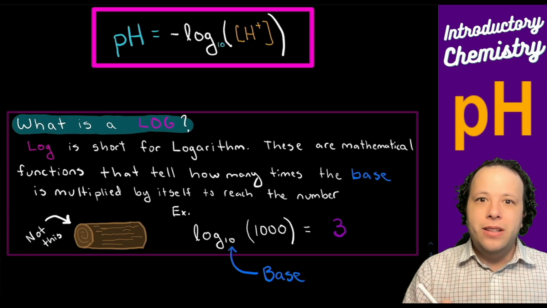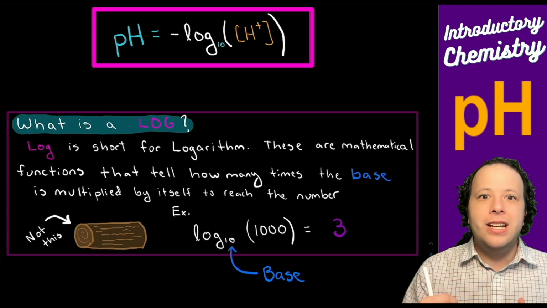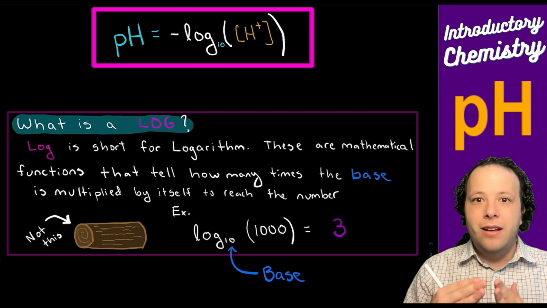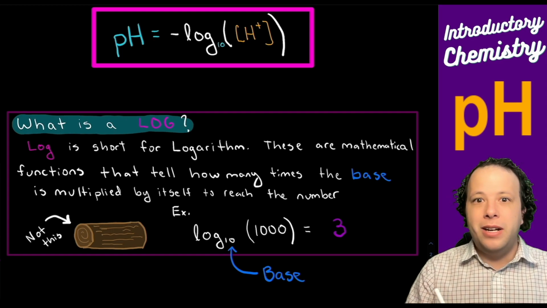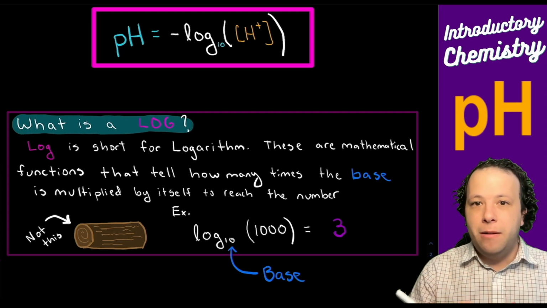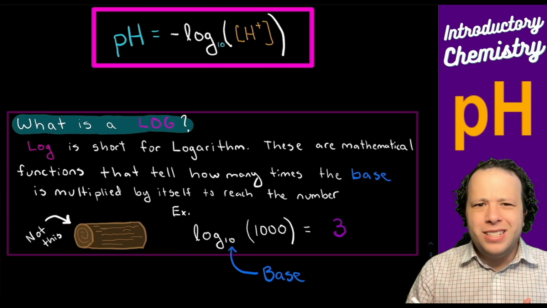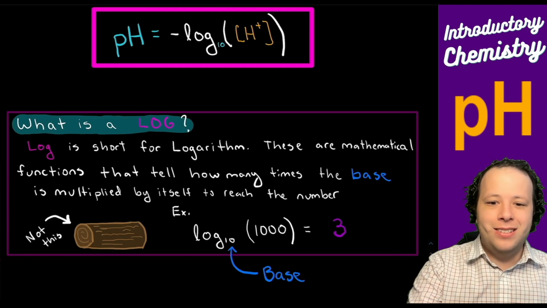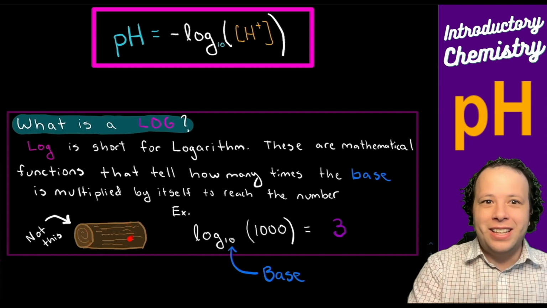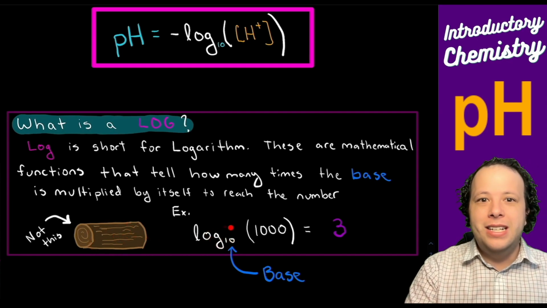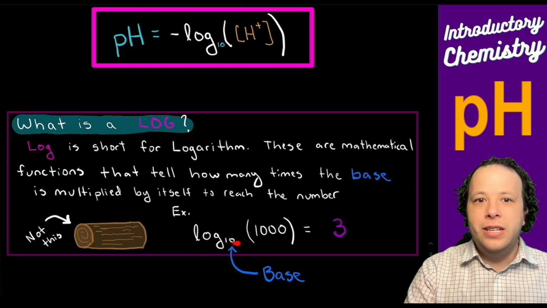With this one, these are mathematical functions that tell how many times the base is multiplied by itself to reach the number that you have. So what exactly does that mean? It's not a log as in a log that you find in the woods, but instead a mathematical function. Every log generally has a little number next to it.